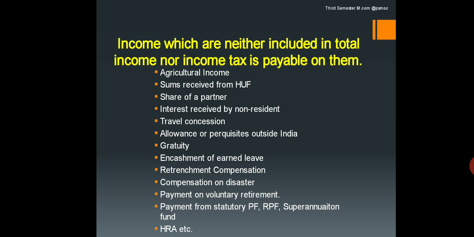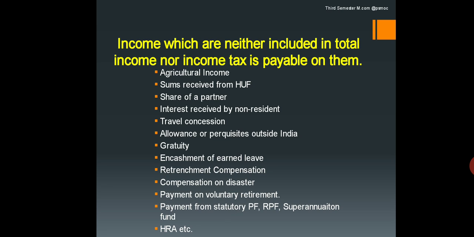You just see, the first income is agricultural income. Agricultural income is not taxable, and sums received from HUF. If one member of the HUF is receiving some income from his karta, from his head, that is not taxable for that member, because members are not taxable under the Income Tax Act. Only the karta will be taxable. The karta will have to pay the taxes for the incomes that the family earns.